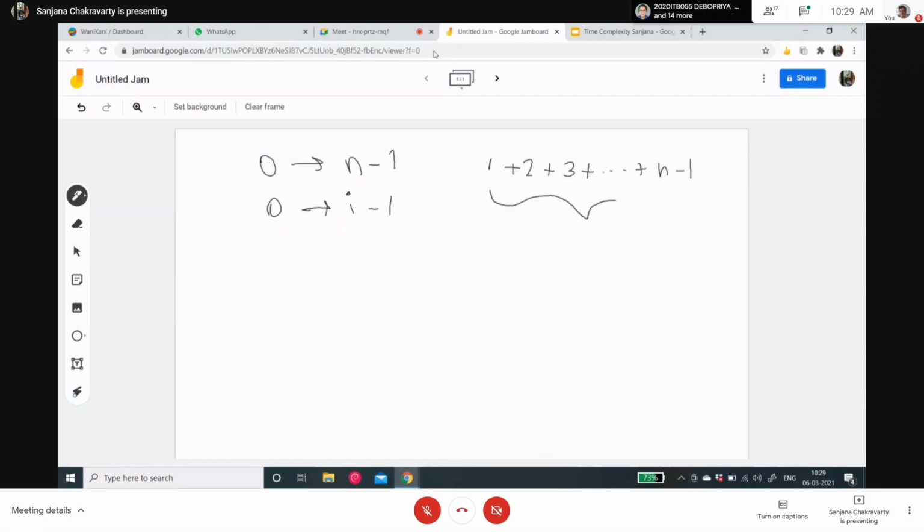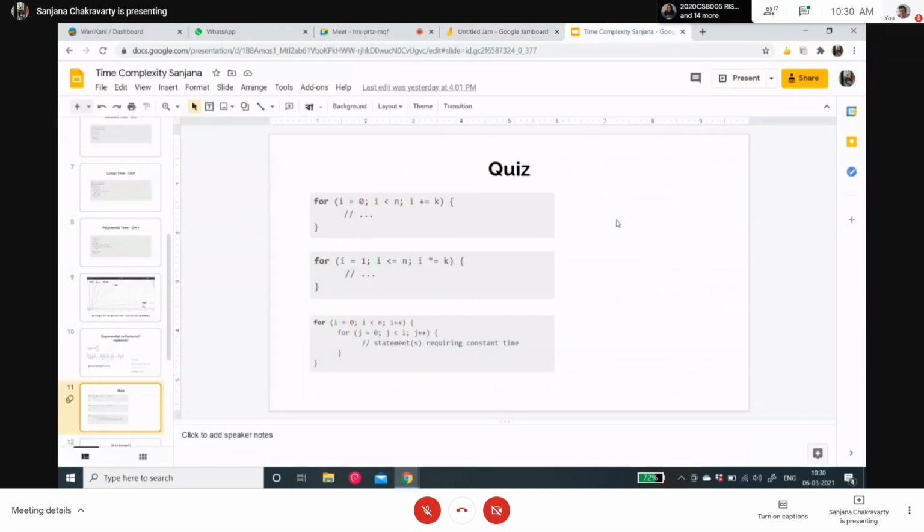Do you know the summation of this? It's actually n into n minus 1 by 2, which is order of n square. So yes, this is n square time complexity.